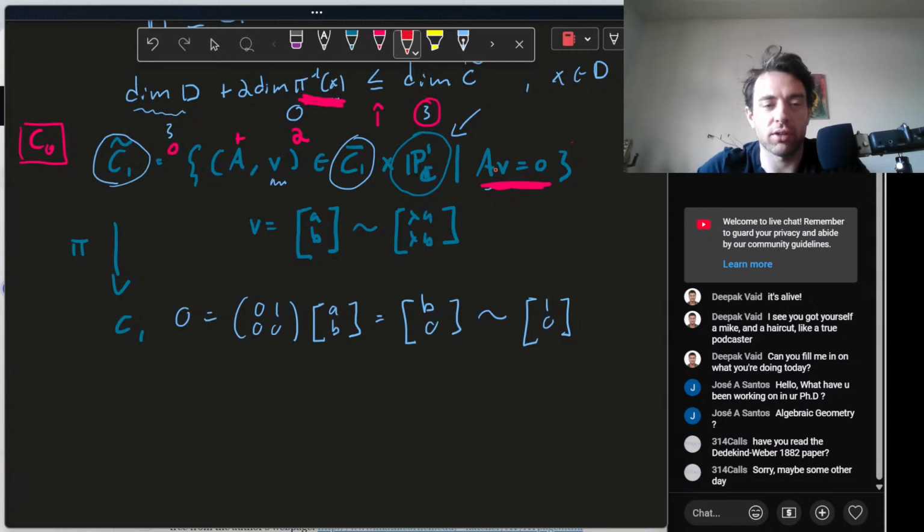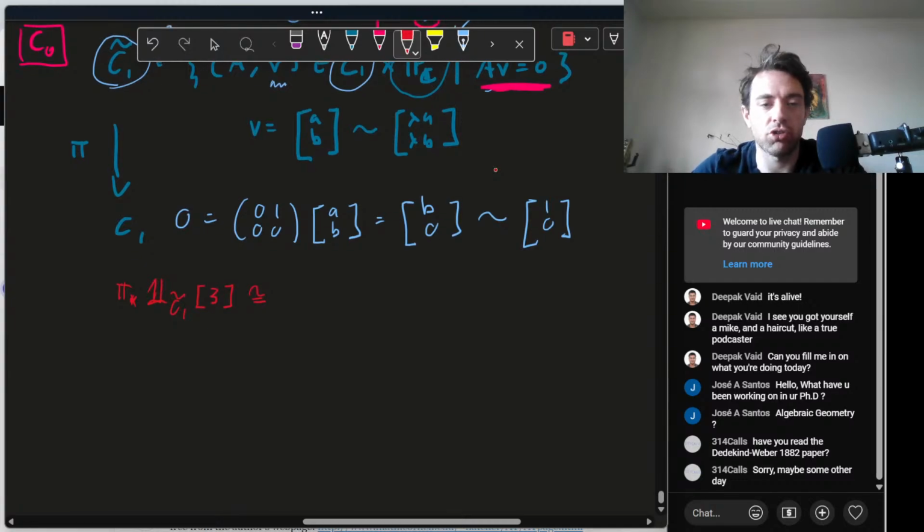So let's put these things together now. We have our push forward. And we know we have to shift this in the dimension. It's 3-dimensional. And we know that this map is semi-small, so there's not going to be any shifts.